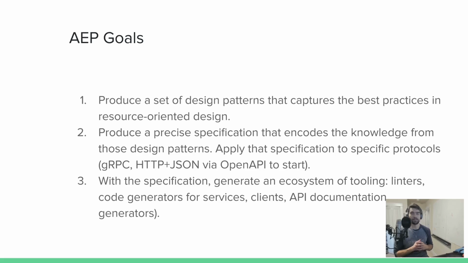So it enforces things like the standard methods around create, read, update, delete, and list, how you would expose custom methods, and what types of fields or properties those APIs can consume during a request or return as a response. And we're trying to take that specification and make it something generic that can be applied to multiple protocols. Today our scope is gRPC and HTTP and JSON APIs exposed and documented via OpenAPI.